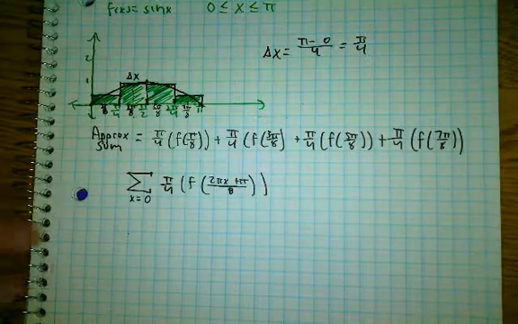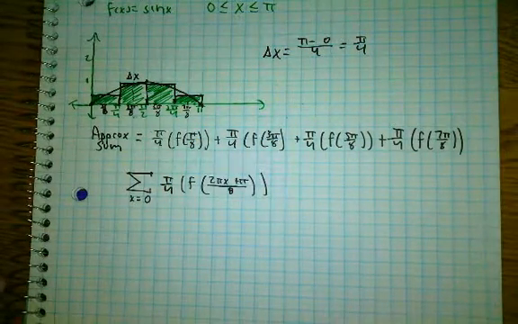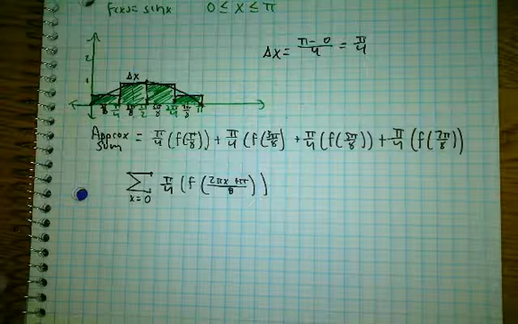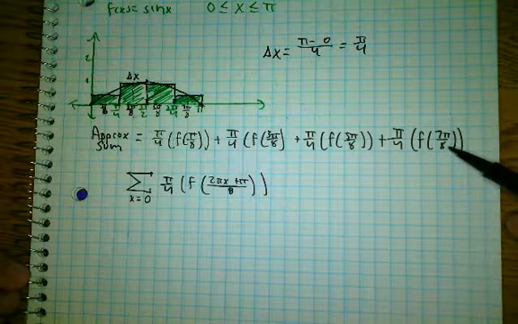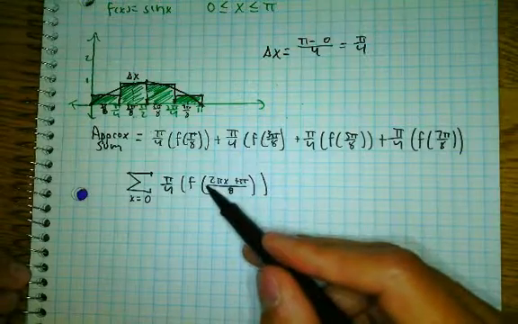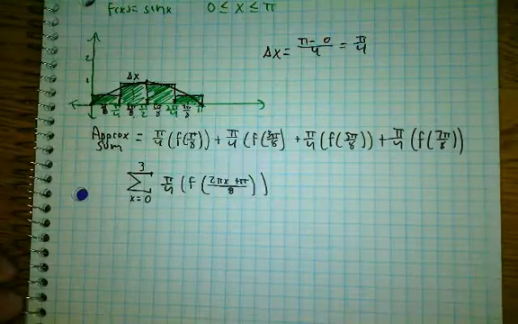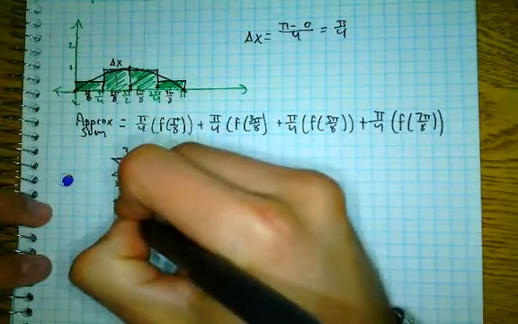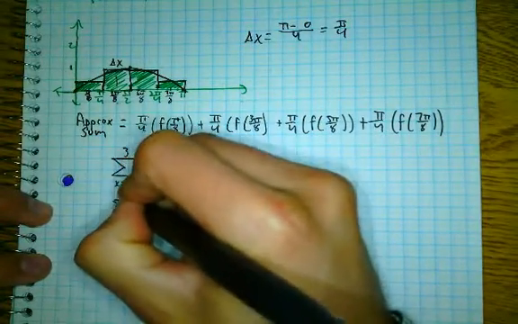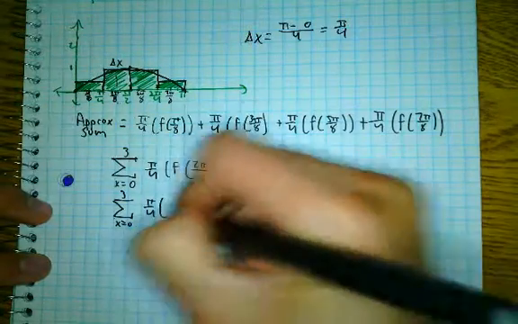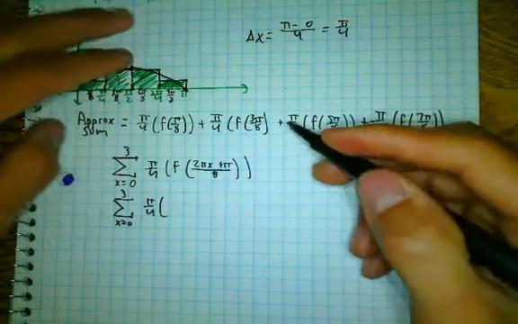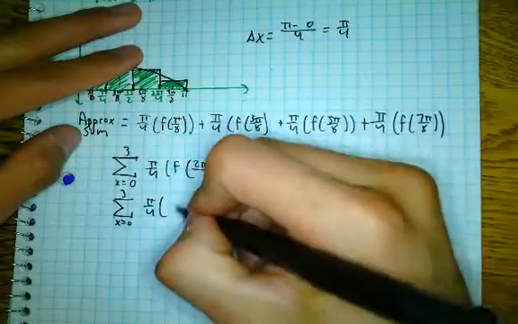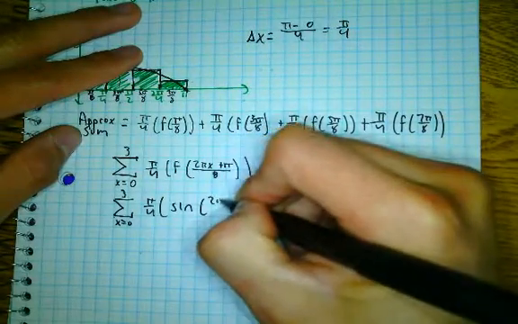Alright, so at this point, what are you going to plug in the calculator? The summation, x equals 0 to 3 pi over 4 of, well, what is f? Sine, right? So we're going to say sine of 2 pi x plus pi over 8. Cool? And we have to make sure that we are in what mode? Radian.